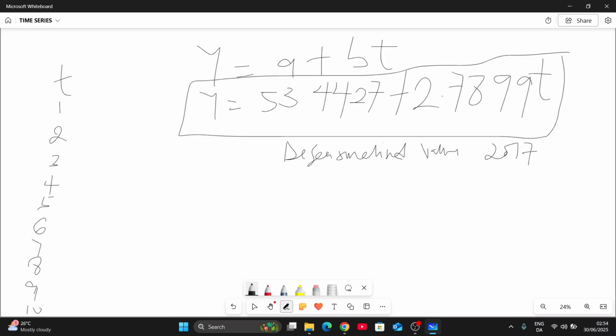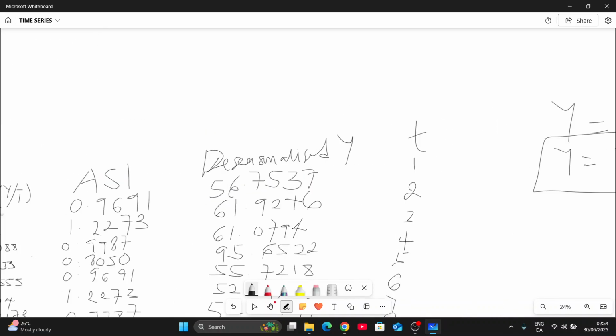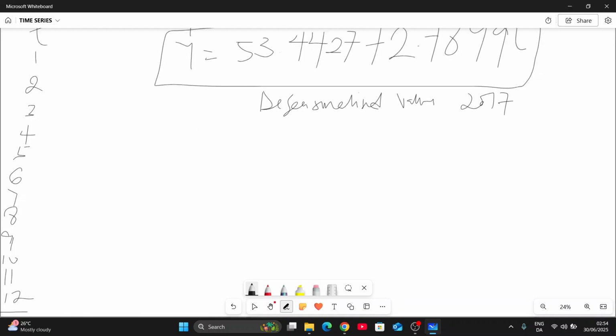For 2017, we have quarter one. So quarter one, T is 13.